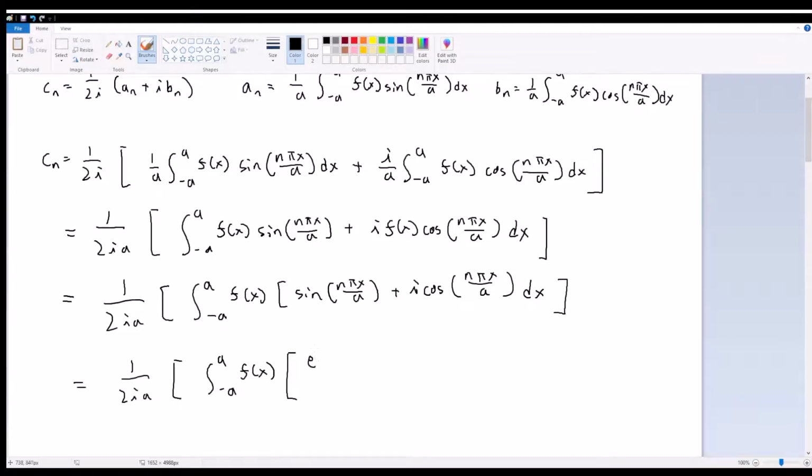Sine is going to give us e to the i n pi x over a, minus, for sine, e to the negative i n pi x over a, and then we divide this all by 2i, and we add i times e to the i n pi x over a, this time plus e to the negative i n pi x over a, all divided by 2, and we add a dx term to close this off.